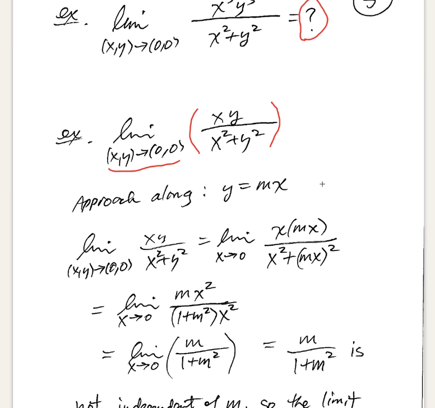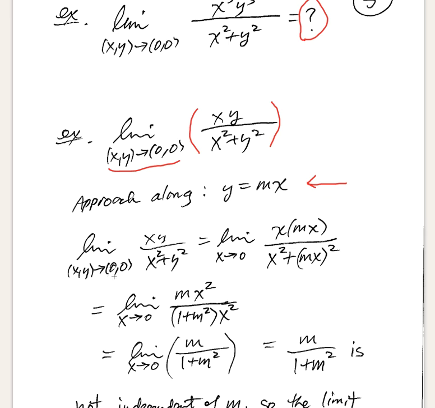Let's go ahead and approach along a particular line, y equals mx. This is a line with slope m that goes through the origin. This isn't even considering vertical lines. And I want to show you something. Suppose I am approaching along the line y equals mx.